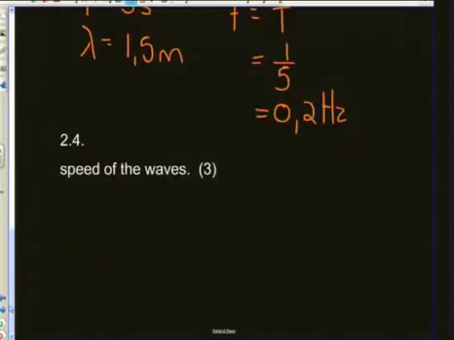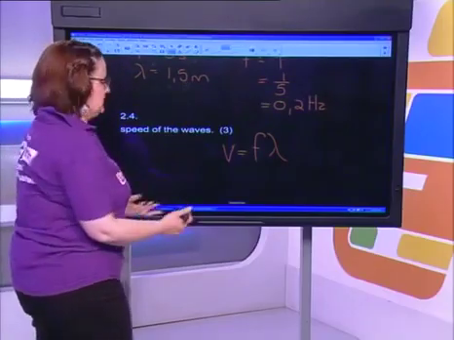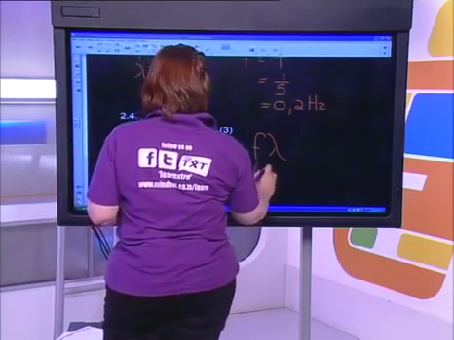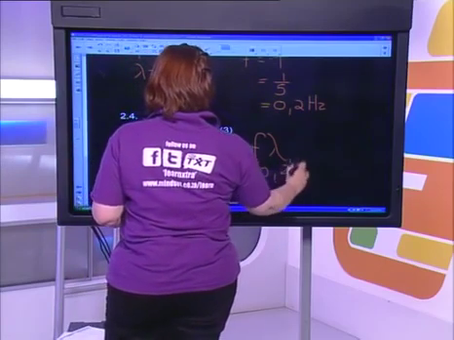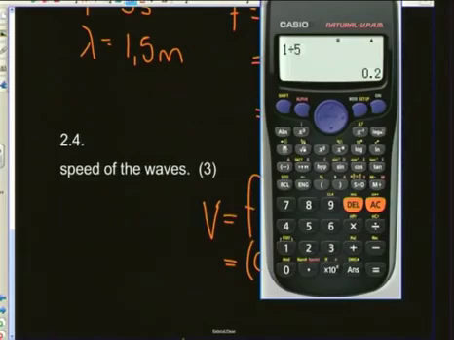And we go, okay, that's actually a nice question, because we know that this wave equation says to us that the speed of a wave is frequency times wavelength. That's why we had to work out frequency in the last question. So that's 0,2. My wavelength is 1,5. So we go back to our calculator, okay? And I'm pretty sure that some of you can do this in your head, and that's great.